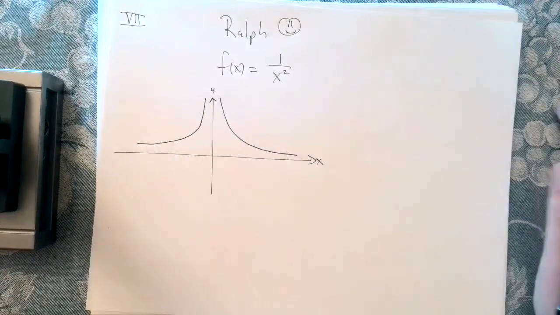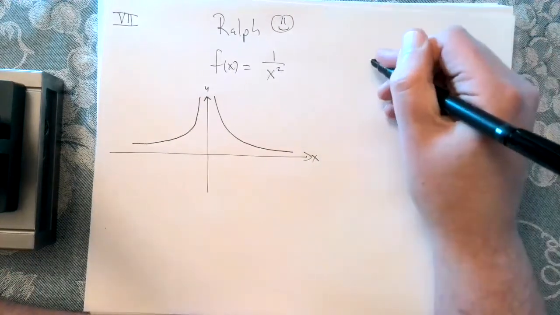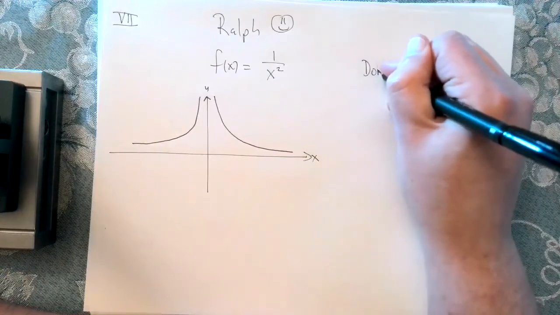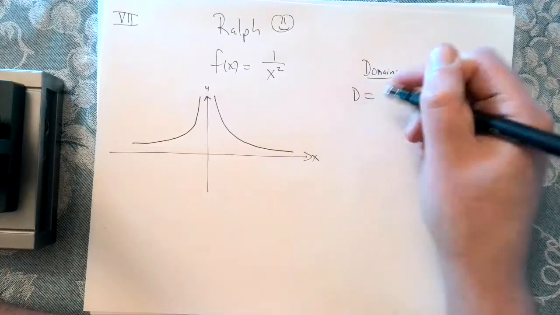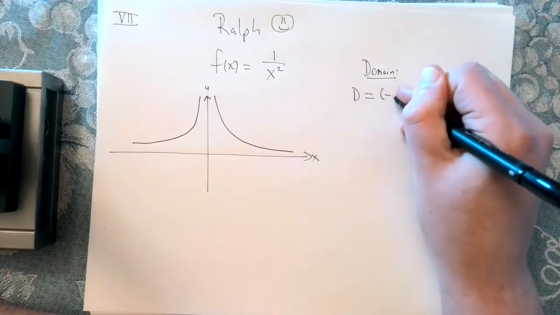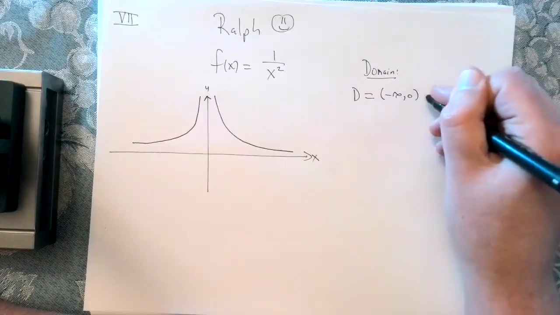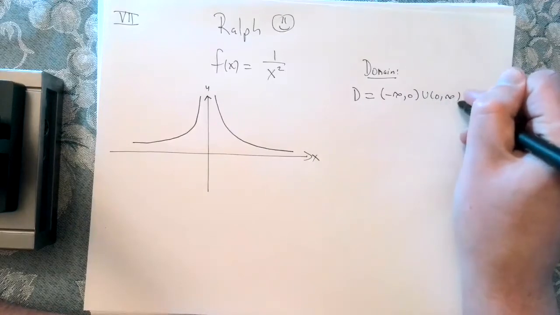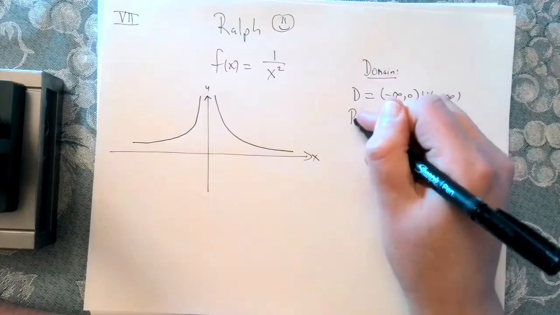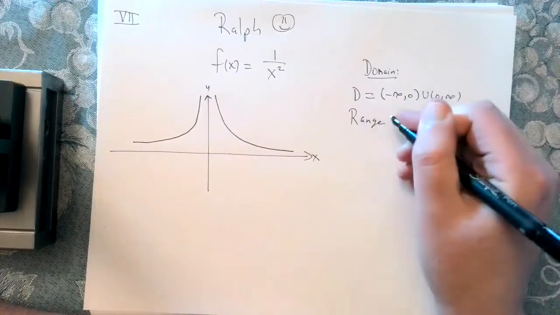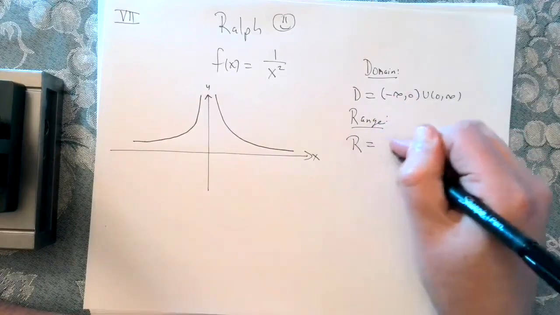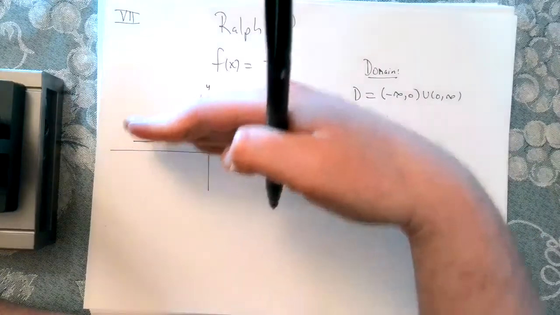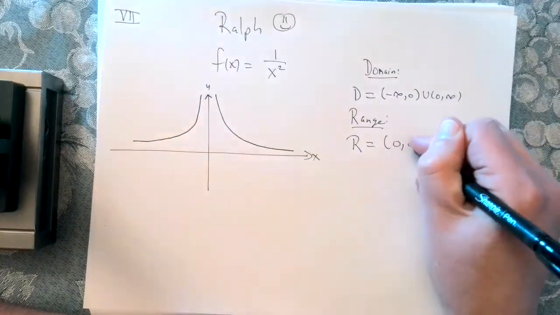It should be symmetric about the y-axis. So let's give the domain of Ralph. So domain looks like minus infinity to 0, union 0 to infinity. And what about the range? The range of Ralph. Well, I think from 0 to infinity, not including 0, of course.